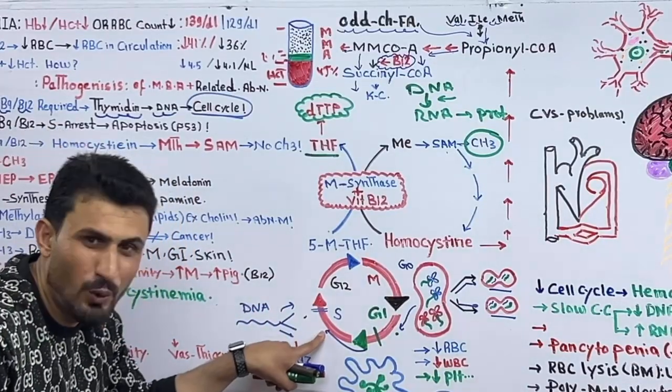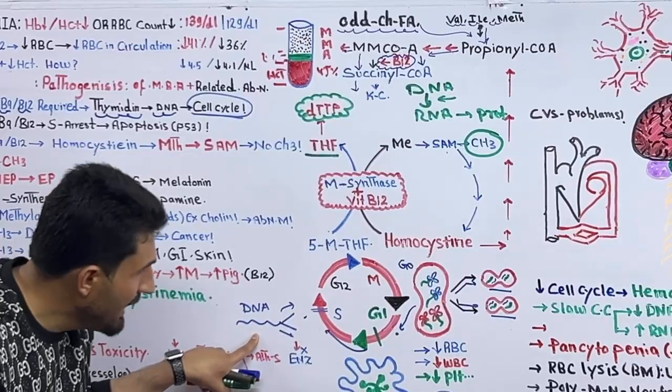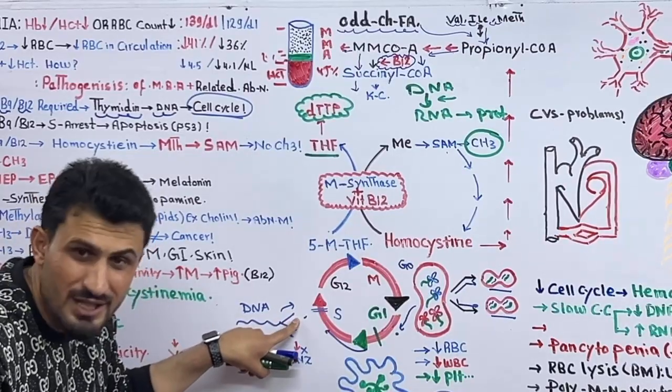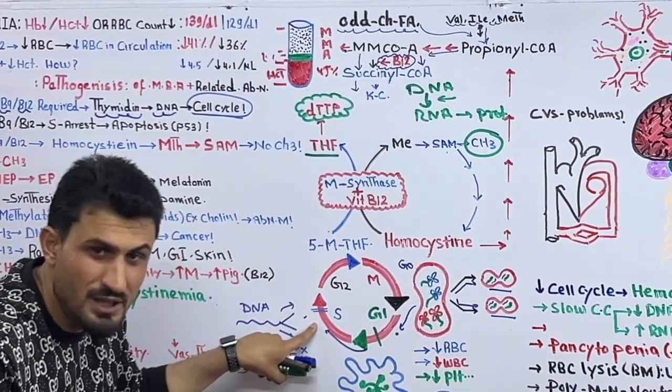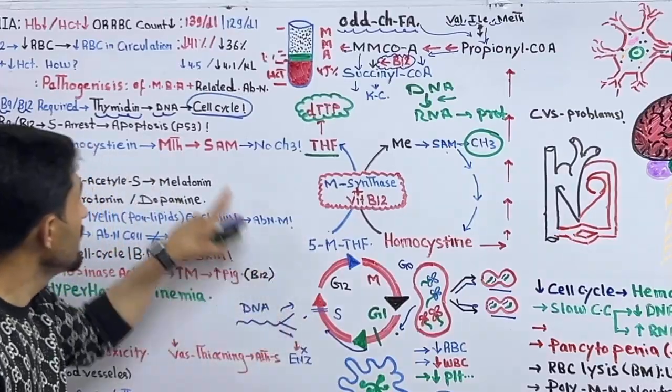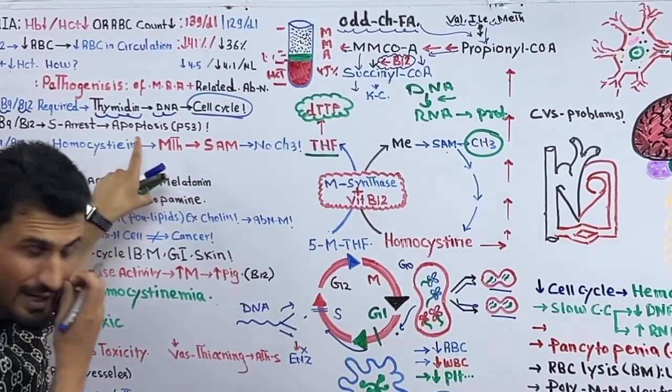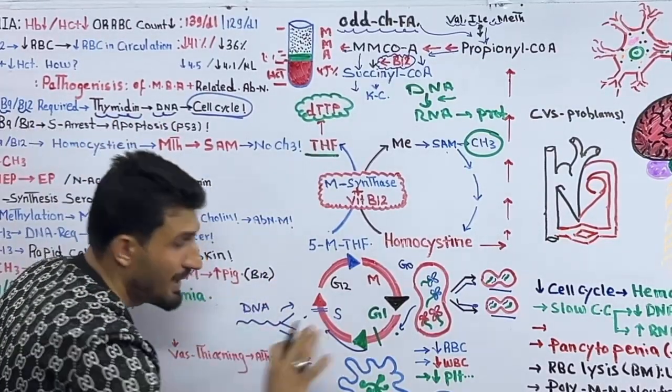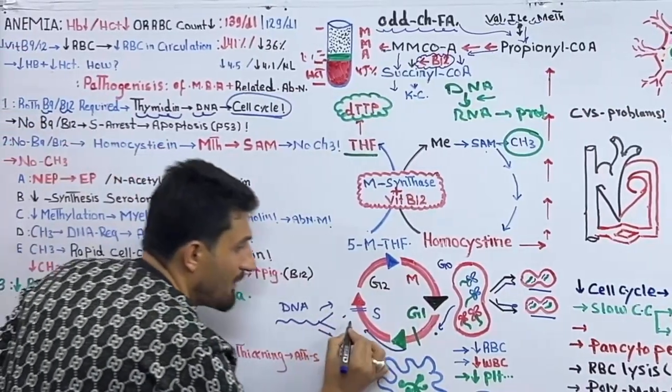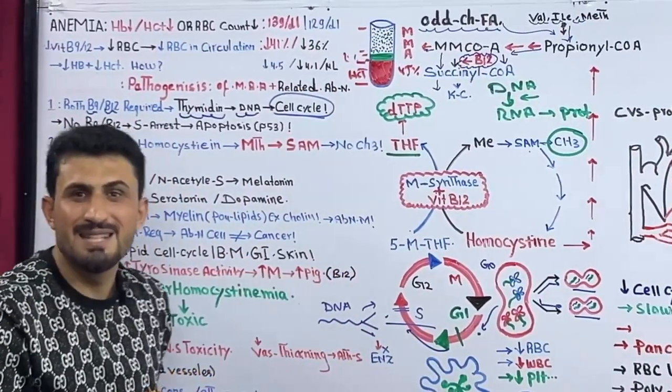So this is very important in this phase. When I'm going to make from DNA two DNAs, I need to use a lot of thymidines. So if I don't have enough thymidine, now I cannot synthesize DNA.